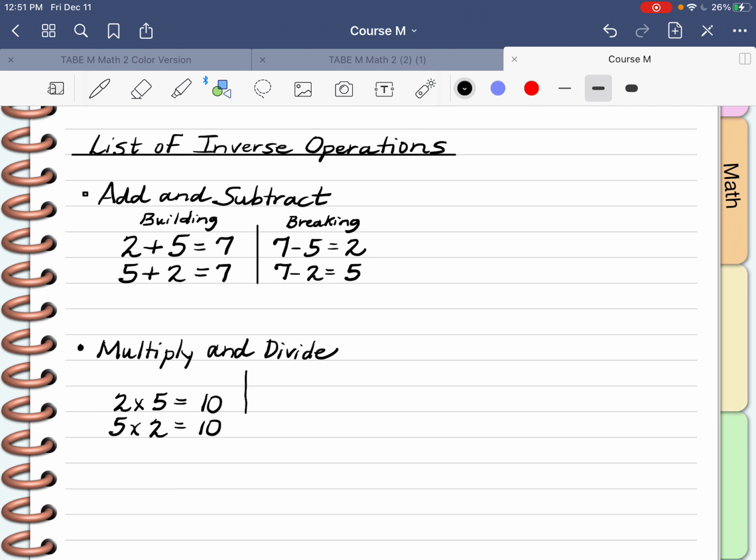That's building up. 10 divided by 5 is 2, or 10 divided by 2 is 5. So you build up with multiplication, and you break down with division.